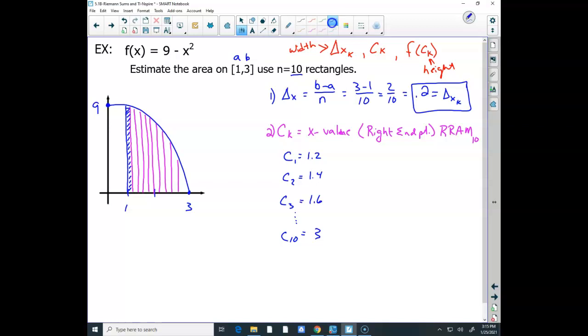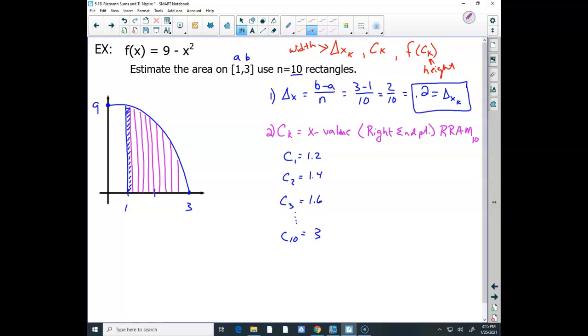Well, I really want to be able to symbolically represent this so I can type it into my calculator as a very nice function, because we're going to be writing summation notation out of these. And let's just think about all of these here. And I'm going to kind of change colors. Where did this c sub 1 come from?